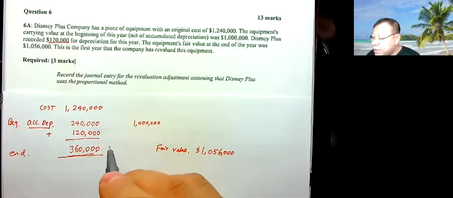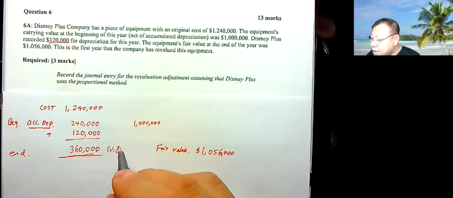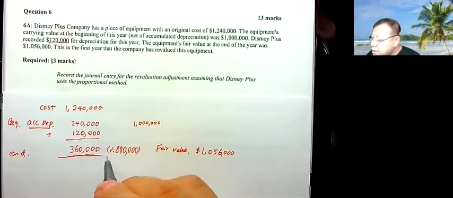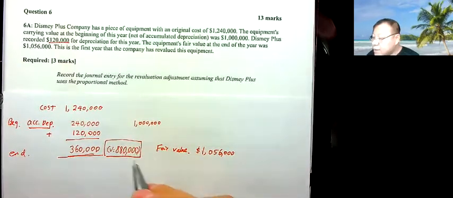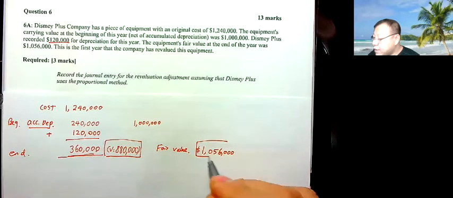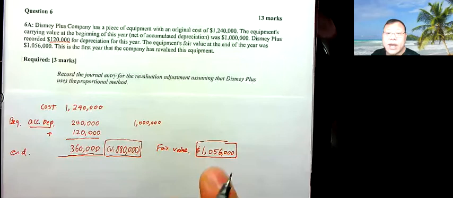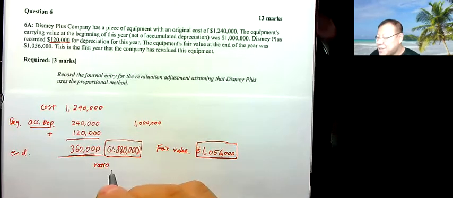At the end of the year, the difference is 880,000. Your carrying value is 880,000. Your fair value is this. Now I need to calculate the ratio, right? What's my ratio? The proportion, right?